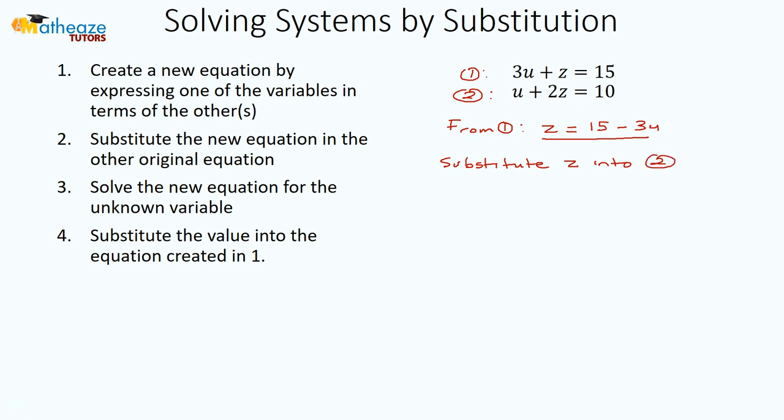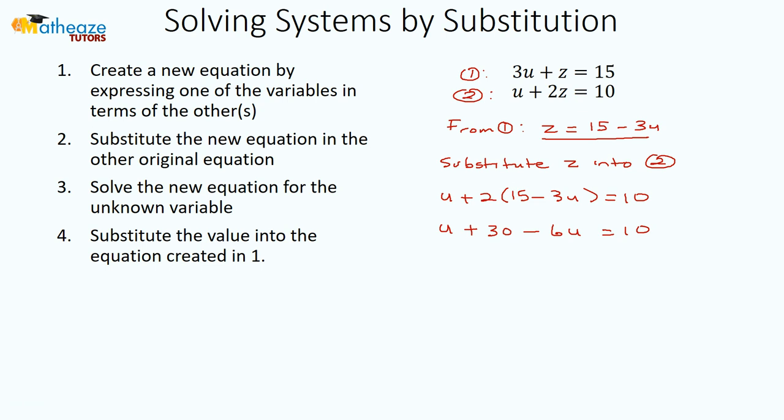So now we have u plus 2, and then for z we have 15 minus 3u, equal to 10. So we have u plus, now we distribute 2 into this expression, 30 minus 6u equal to 10.